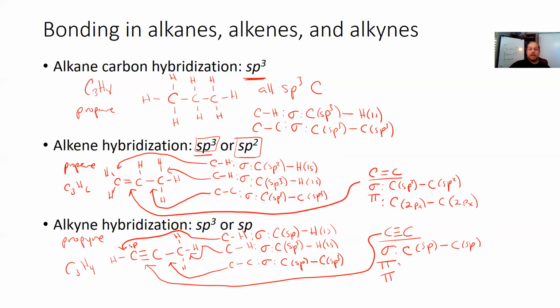But each of those carbons has 2 unhybridized p orbitals. To make the first pi bond, we'll pick one of those p orbitals, so carbon 2px bonded to the carbon 2px. Then we'll pick the carbon 2py, say our bonding axis between the 2 carbons is the z-axis. So we'll have the carbon 2py bonded to the carbon 2py.